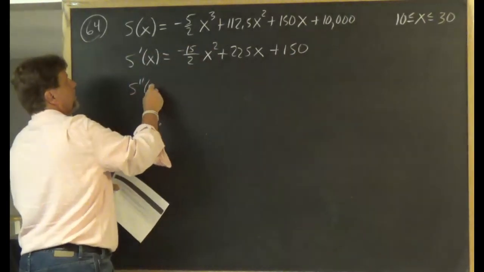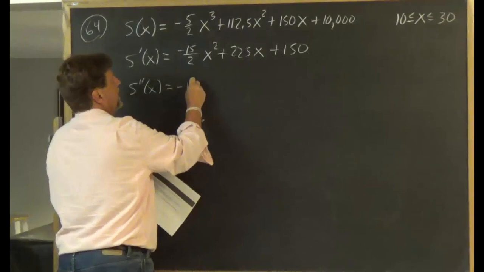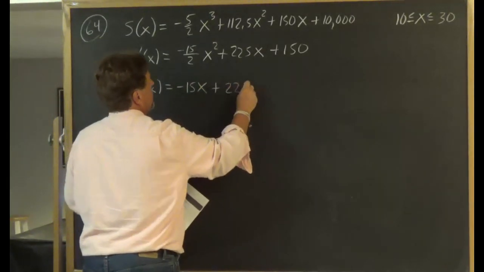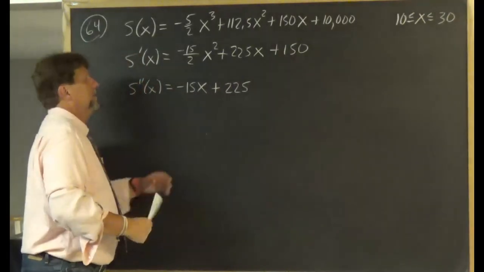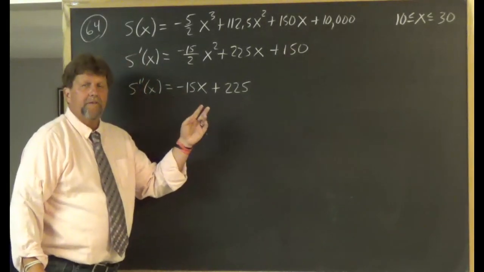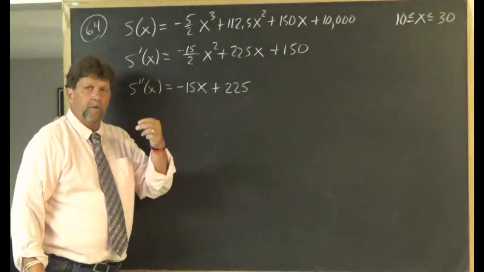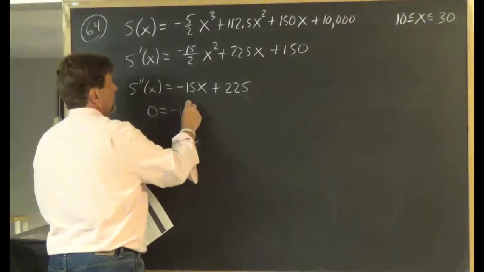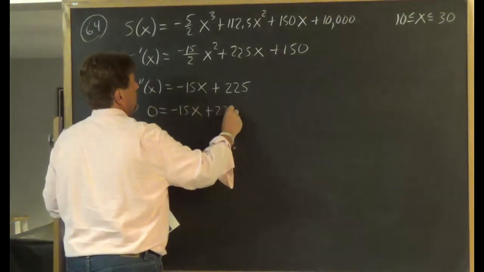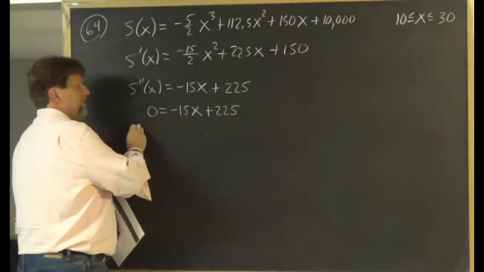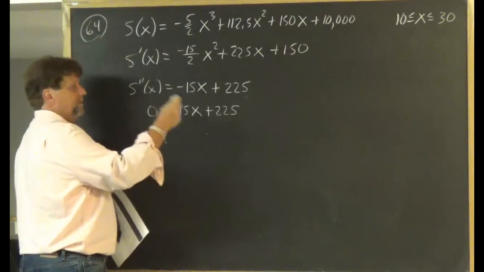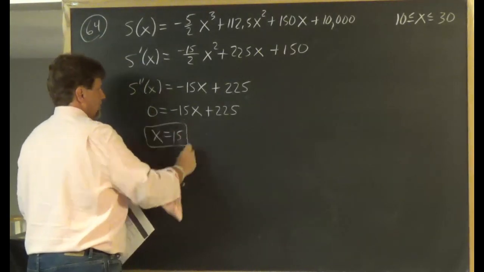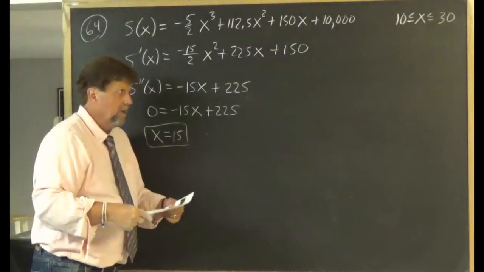So the second derivative is negative 15x plus 225. That's defined for all values of x, so we just need to determine where it equals 0. Set it equal to 0, add 15x to both sides, and then divide both sides by 15, and you'll see x is 15.